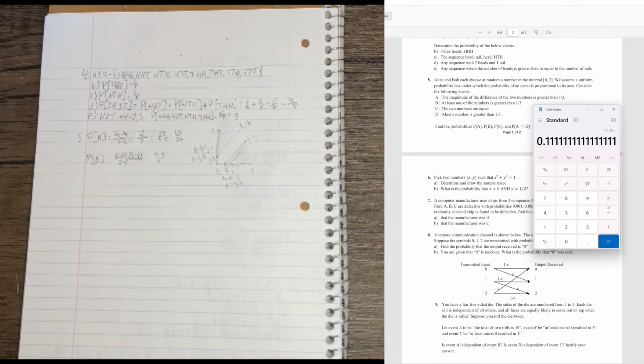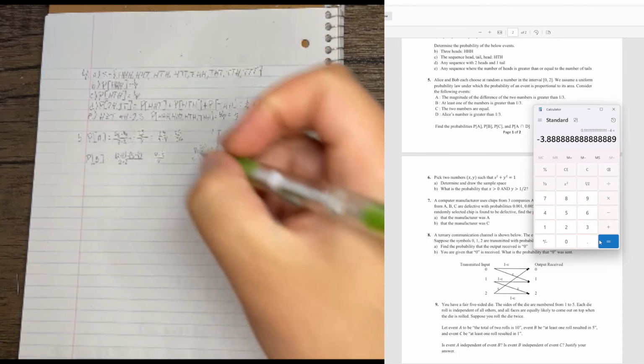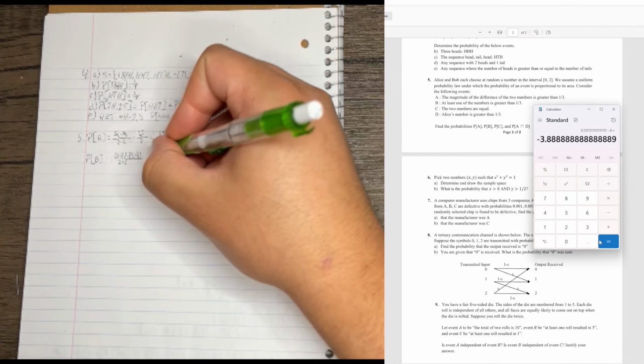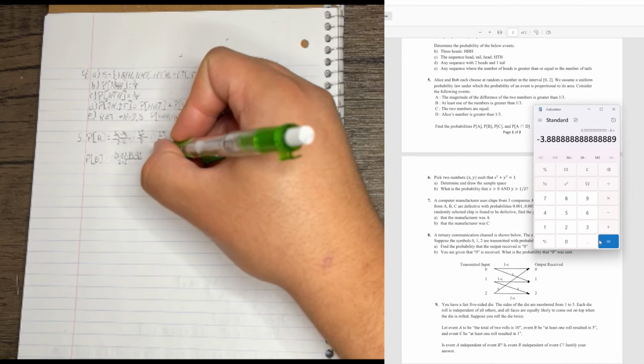That's positive. Yeah, I don't even know why I'm so dumb. There's no point in using a calculator. Just convert it to a fraction. What the hell?